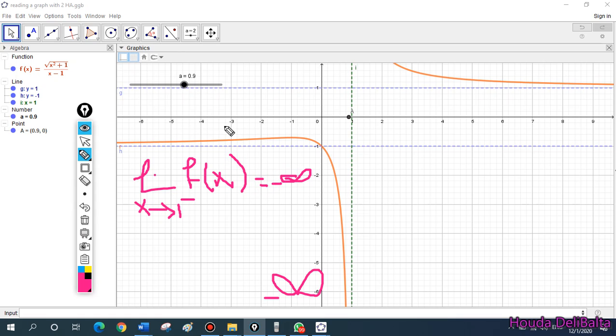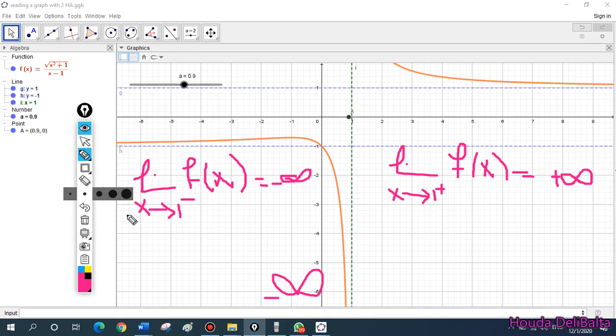So remember, its limit as x tends to 1 plus from the right side was plus infinity. Regardless of the sign, what we care about is just the infinity. Because both limits are infinities, whether going to 1 minus or 1 plus, we care about the infinity regardless of the sign.